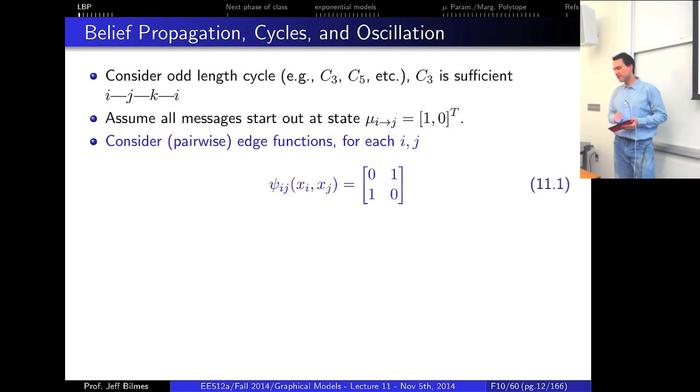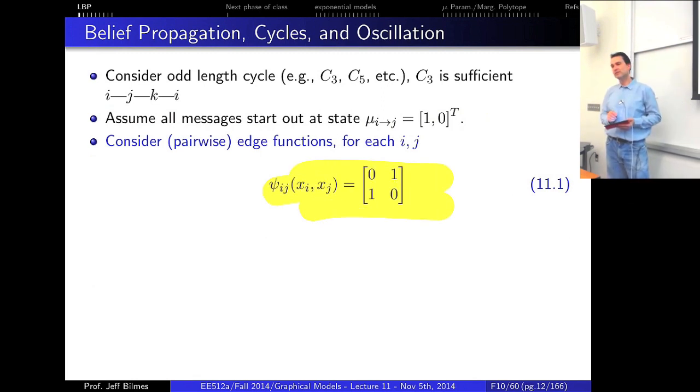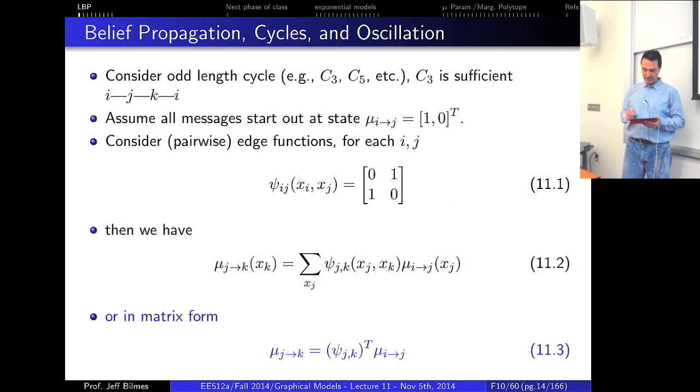And let's assume also that we've got this pairwise edge function. So we've got potential functions that are of this form, right here. It's a little 2 by 2 matrix, and it basically says how to go from one message to the next message. So here's the mathematical expression for a message send, which when we see it as a matrix multiply just corresponds to this.